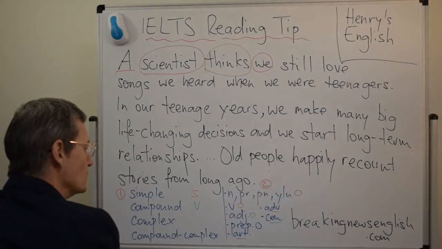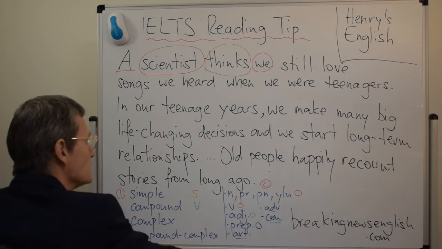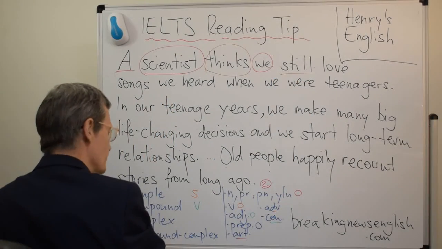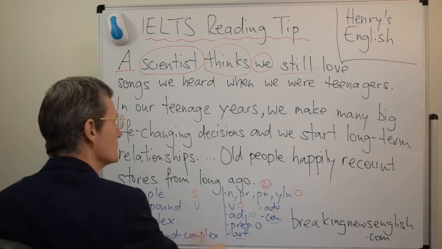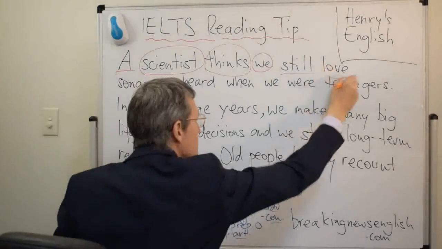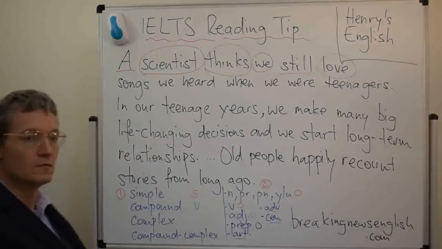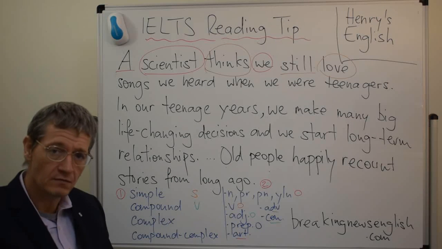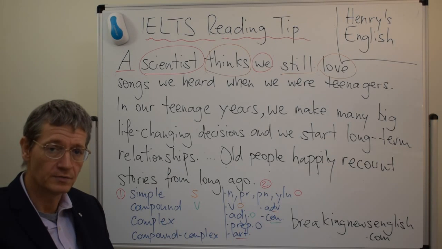Still is an adverb, so we underline with orange. Love is a verb, so we circle with orange. So I'm actually going to break this video up. I will finish this off now and you can have a look at the complete answers.